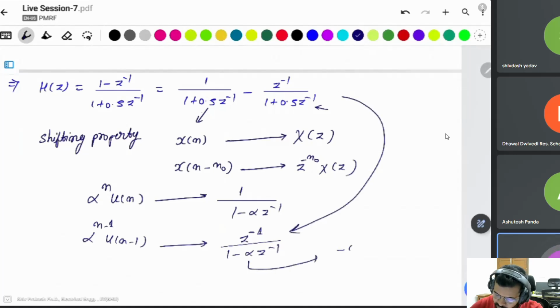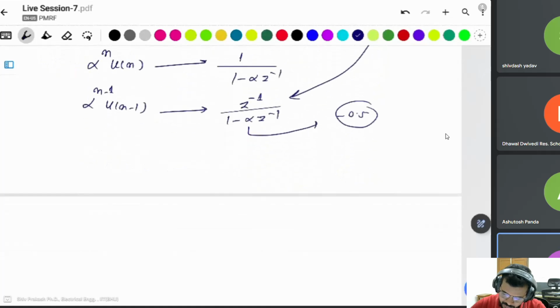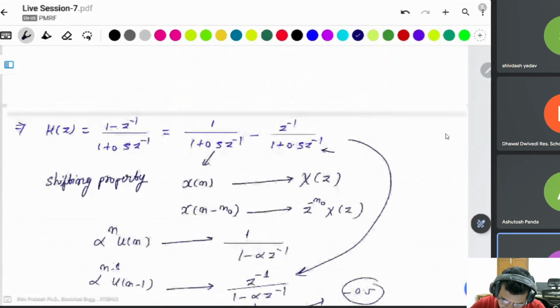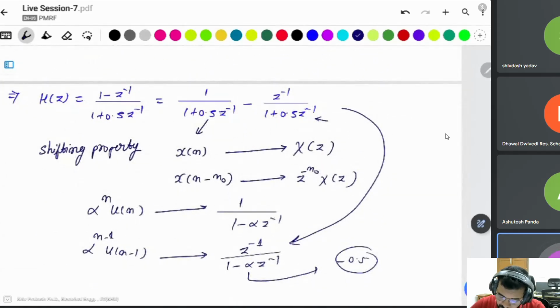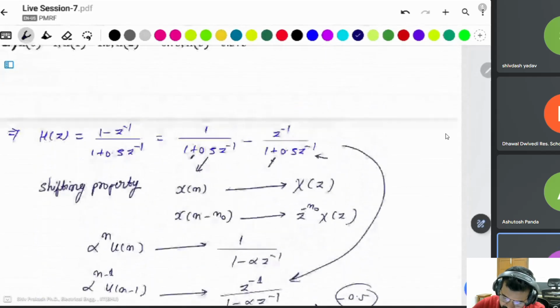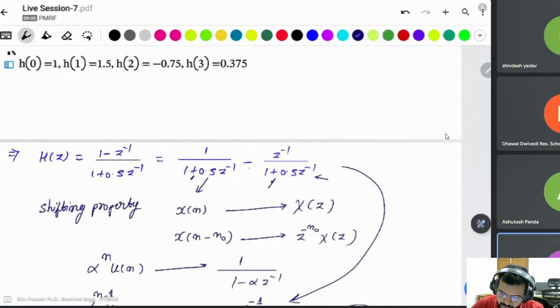Alpha is minus 0.5. Then you can find h[n] equal to this one, the same, minus 0.5 to the power n u[n], negative because this is the positive. There is a negative in them.